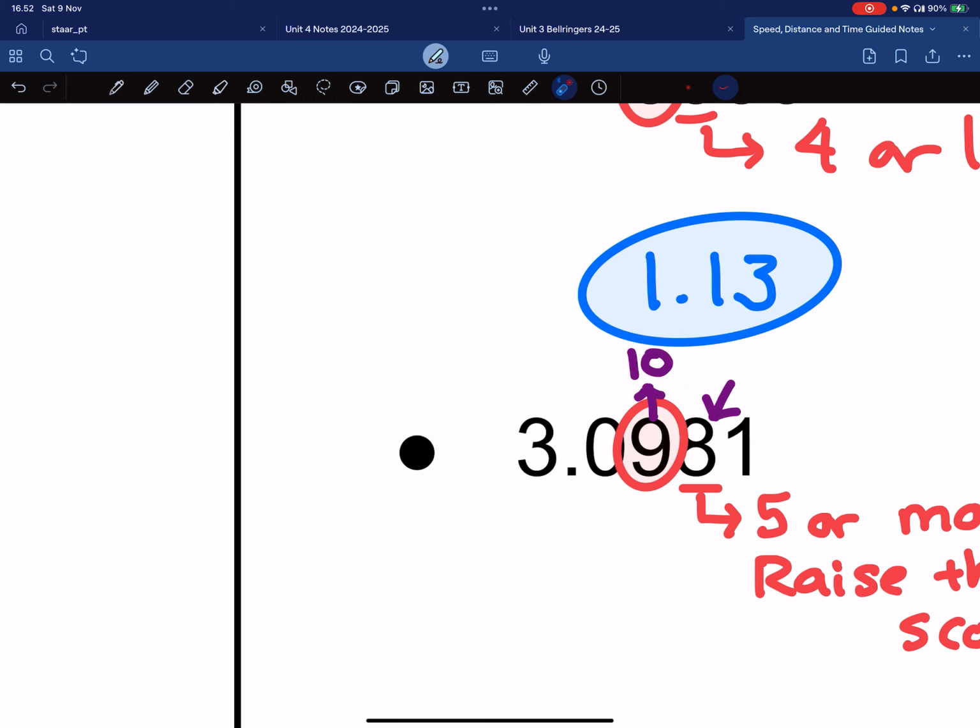So 3.09 becomes 3.10. And that's first decimal place, second decimal place. So when you have to round a 9, you end up having to put a 1 in that place, because 9 rounds to 10.